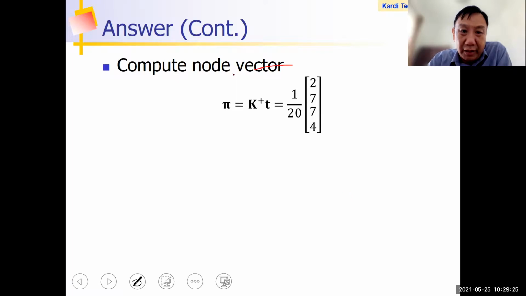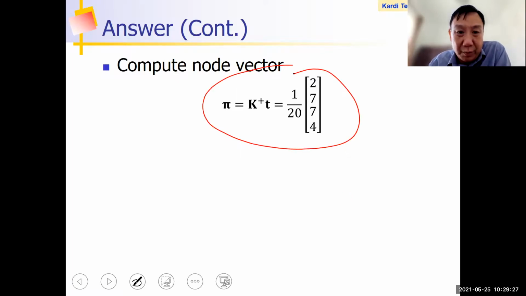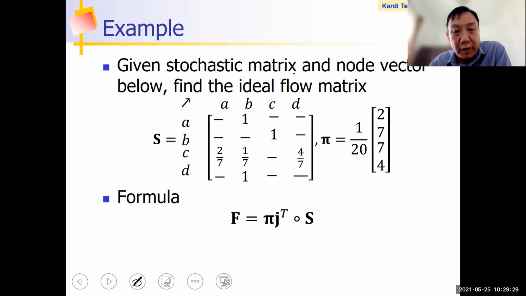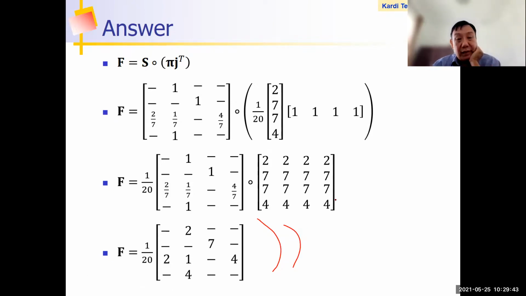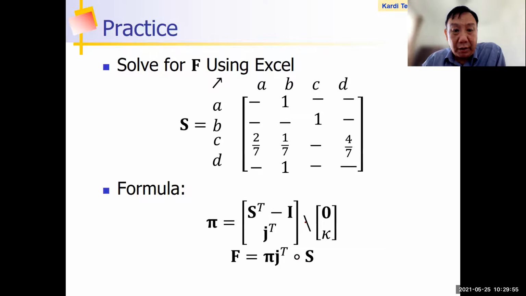Then you get the node vector matrix, and using this, you multiply, and you will get F. If you want to multiply by yourself, you can do it. You can practice on your own, but there is software to use, so you can just use it. You can also use Excel to solve this.